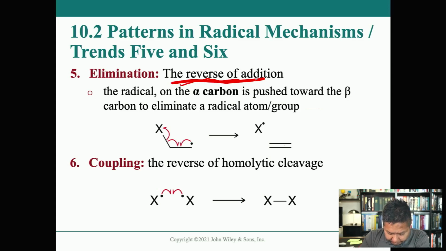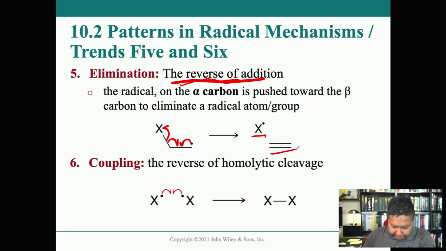But now the bond between them will split. One electron going towards the halide, making the halide radical, and the other one going back towards making a pi bond to make a double bond with the free radical that was on the opposite carbon. So you get the double bond again.